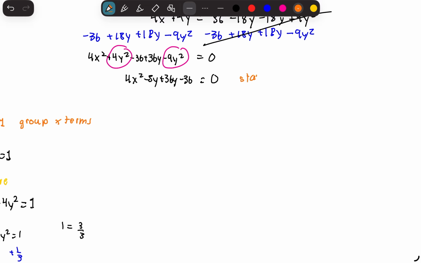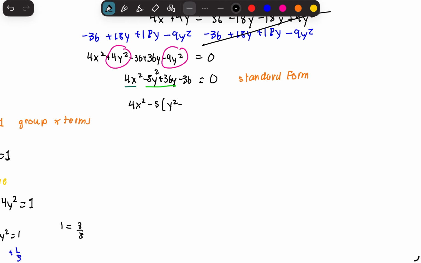So let's put this into standard form now. So here our goal is to get this into standard form. So you're going to have to group the y terms. So we have x here, and we have y terms here, minus 5y squared. So you're going to have 4x squared minus 5y squared minus 36 over 5y minus 36 is equal to 0.